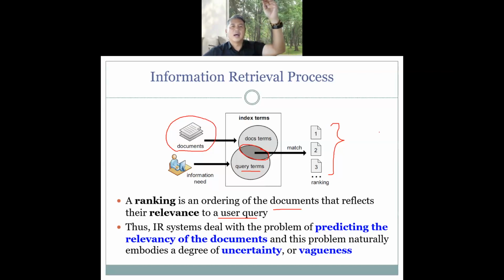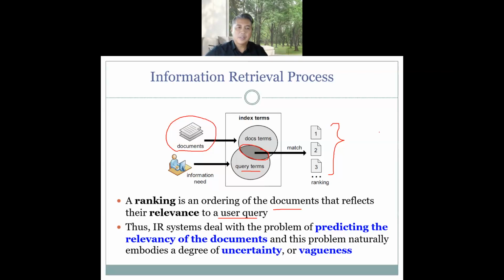The top one is the most important, and the least important will be displayed at the bottom. So this is based on some kind of ranking function. You will learn later on how to compute the distance between the query and the document. If the distance is very small, that means they are more similar.